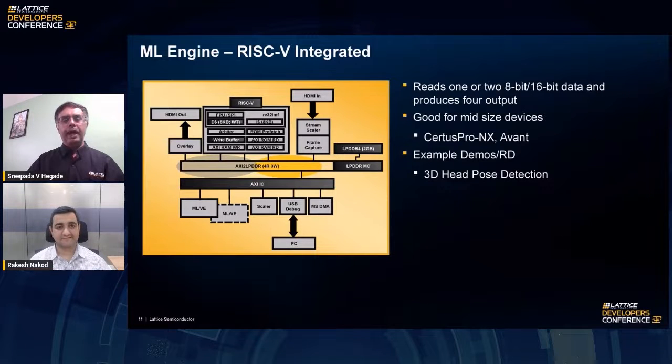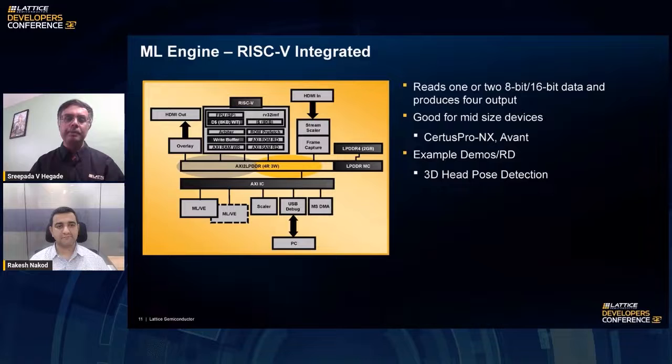Now, on top of the engines that we talked about earlier, any of these engines can be integrated with our RISC-V ecosystem, right? There are two ways to use the RISC-V. In certain applications we use the RISC-V just for control path operations, while all the data manipulation is happening inside the CNN IP, because the CNN IP can operate on its own.